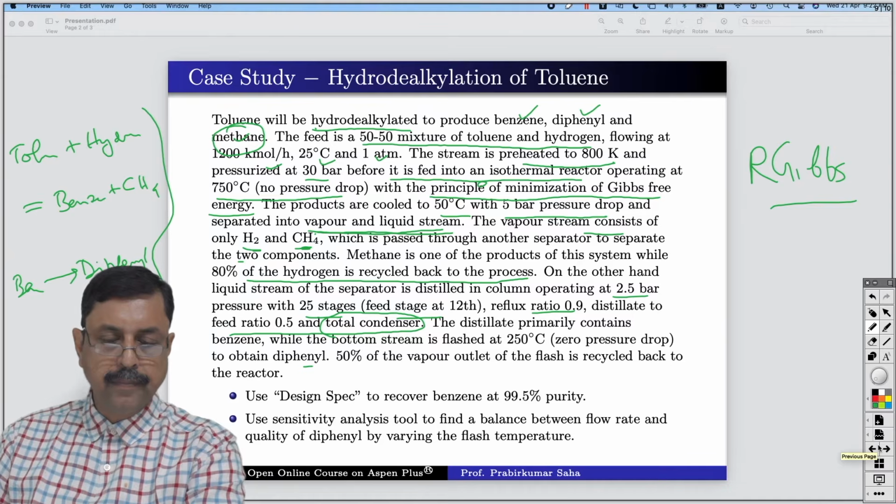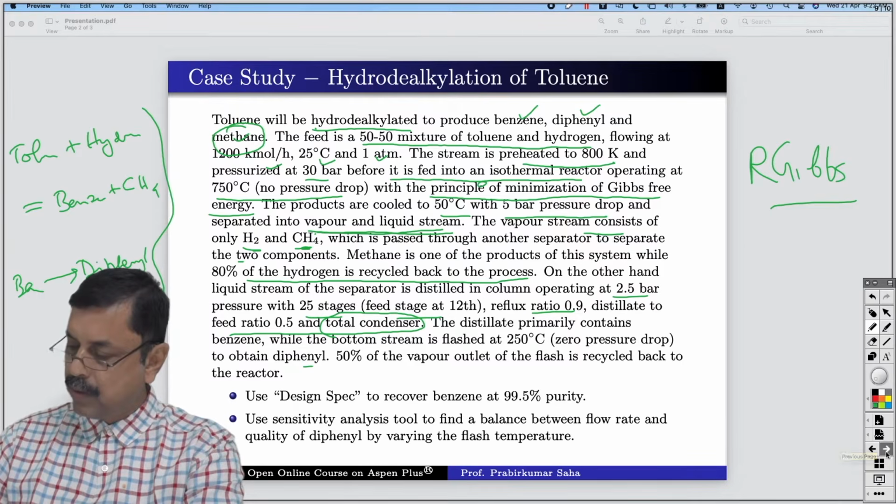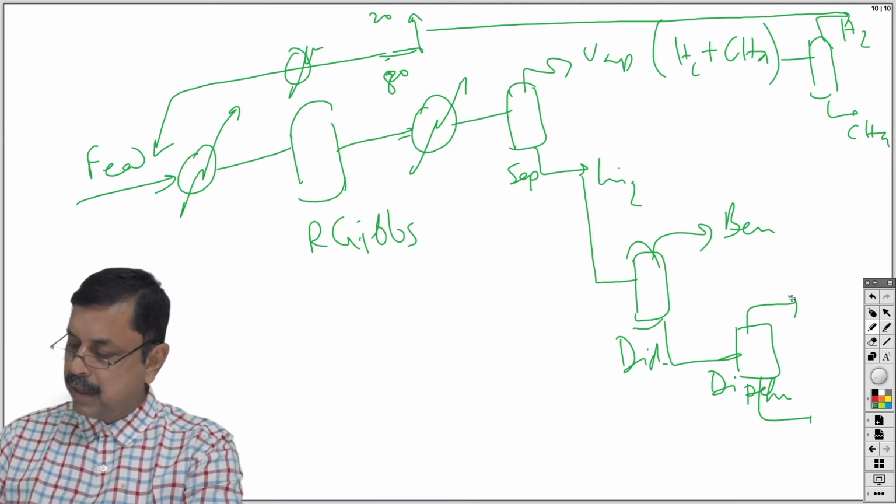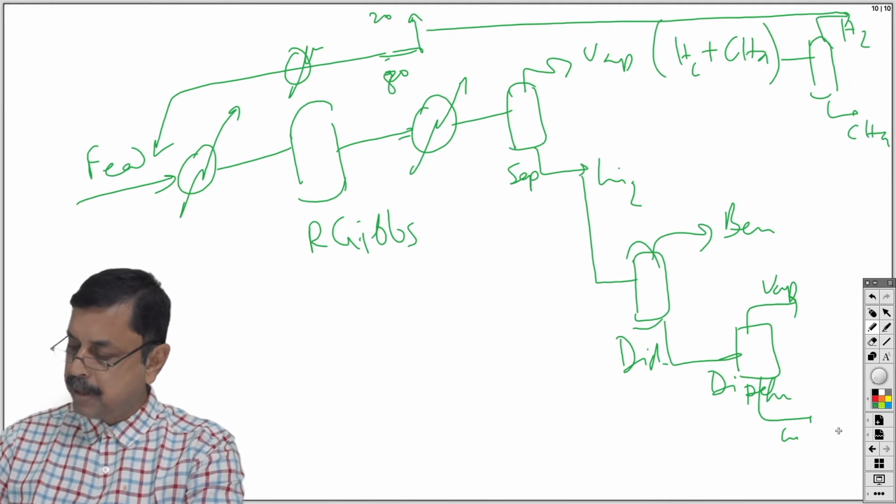And then the bottom stream is flashed. So this bottom stream will be flashed. Obviously, here we'll have a vapor phase, here we'll have a liquid phase. This liquid phase will contain mainly the diphenyl.